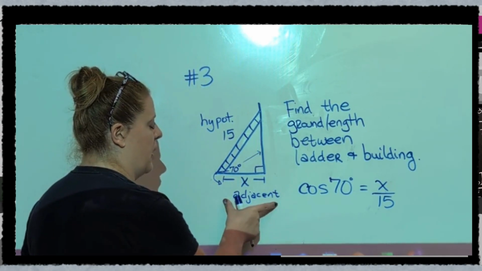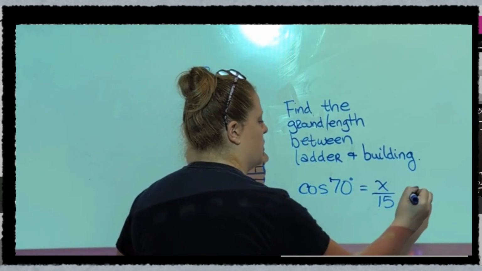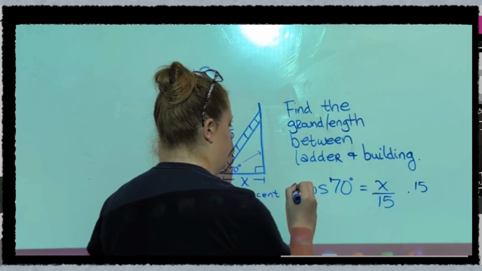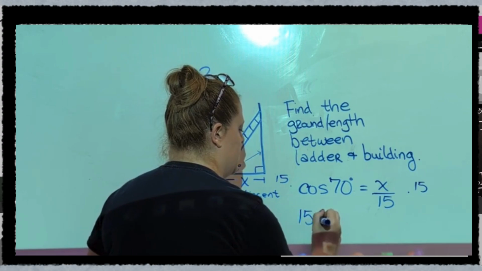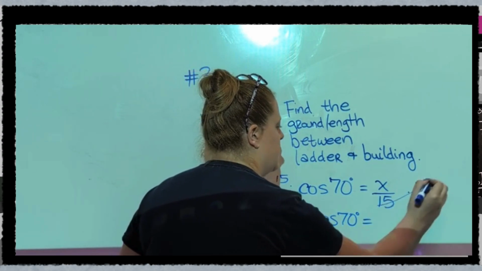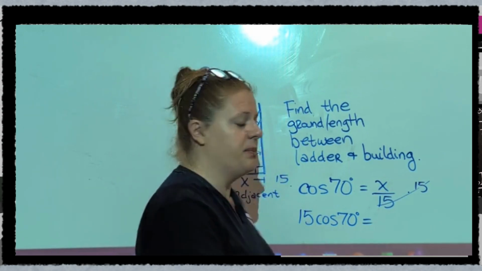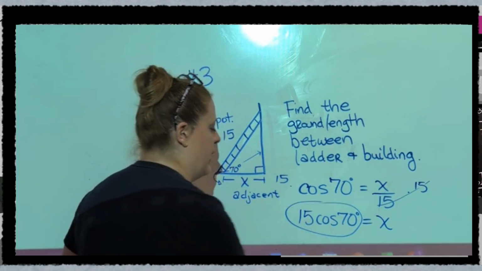Now I need to solve this for x. X is the length that we are looking for. To get x by itself, I need to multiply 15 on both sides. I get 15 cosine 70 degrees. Those cancel out, that's why we multiplied by it, is equal to x. This is my answer.